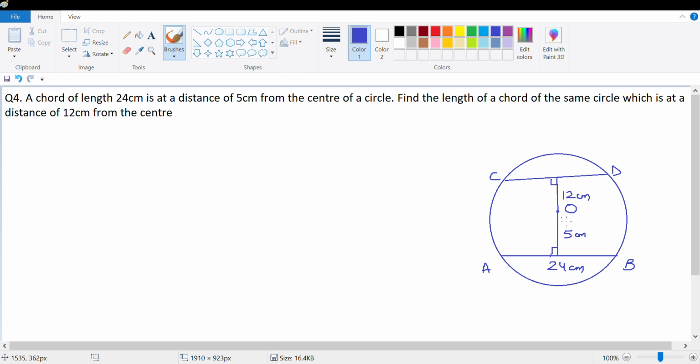Oh, my 5 centimeter looks bigger than 12 centimeter, but doesn't matter, we'll ignore it. What we need to figure out is the length of the chord. So we need to figure out the length of CD.